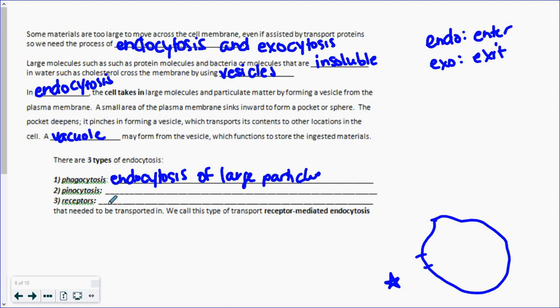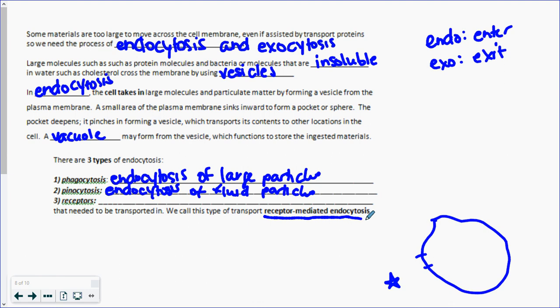Pinocytosis is endocytosis of fluid particles. And this last one, it's not written the right way.